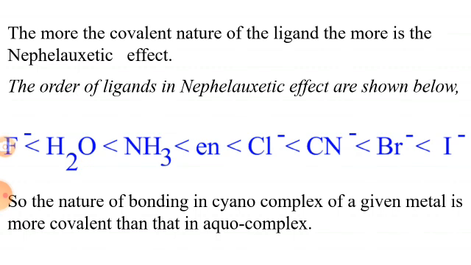So in this Nephelauxetic series from F minus to I minus, covalent character increases. F minus shows an ionic type of compound and I minus shows a covalent type of compound.